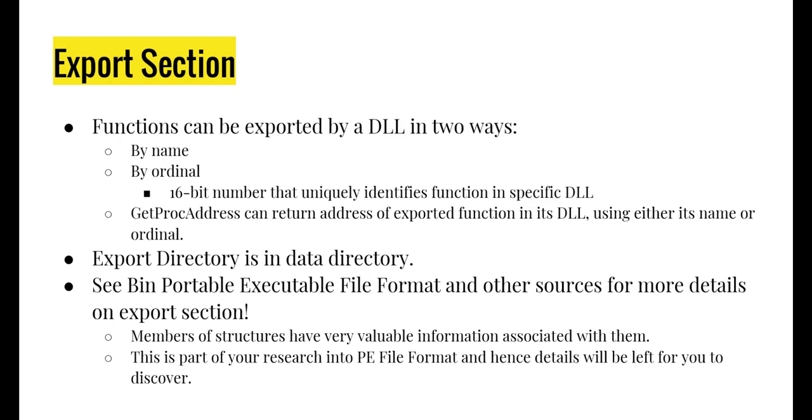GetProcAddress is an API that's part of kernel32. If we get that, then it can return the address of an exported function in the DLL. And we can do that using either the name or the ordinal. So GetProcAddress, or get procedure address, procedure being function.